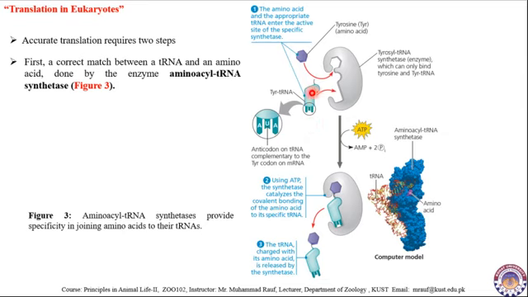So this transfer RNA having a specific codon should attach a specific amino acid which represents the codon, and the attachment of amino acid with transfer RNA is done by an enzyme called aminoacyl tRNA synthetase. This is the enzyme which is responsible for the attachment.